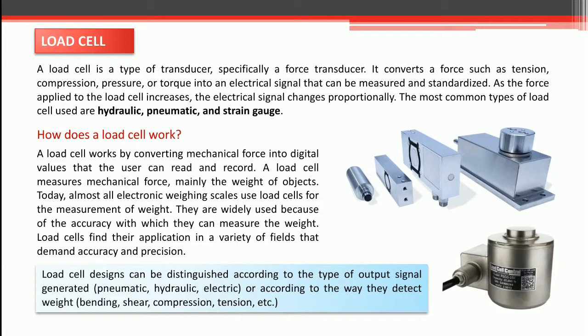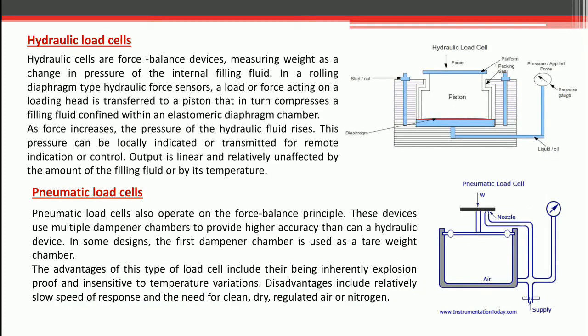Now we are going to see what the types of load cells are, and we will know each and every one. First of all, the first load cell we are going to study is the hydraulic load cell. On the right hand side, top side, you can see a hydraulic load cell. Here the force variable is impressed upon a diaphragm, which deflects and thereby transmits the force to liquid.